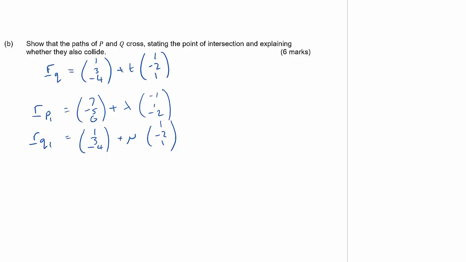Now let's look and see if these intersect. So we'd have 7 take away lambda is 1 plus mu, let's call that 1. We'd have -5 plus lambda is equal to 3 minus 2 mu, and we'd have 6 minus 2 lambda is -4 plus mu.